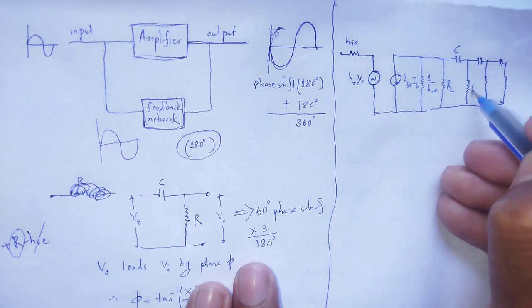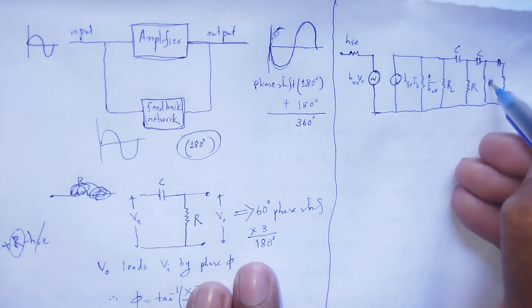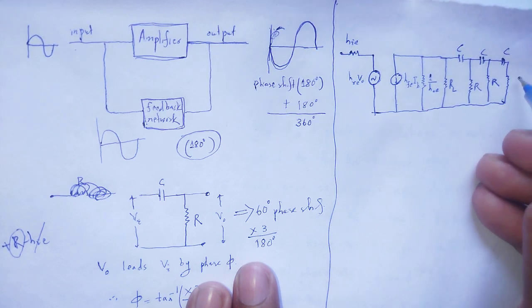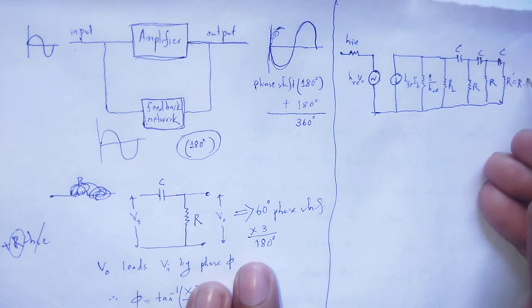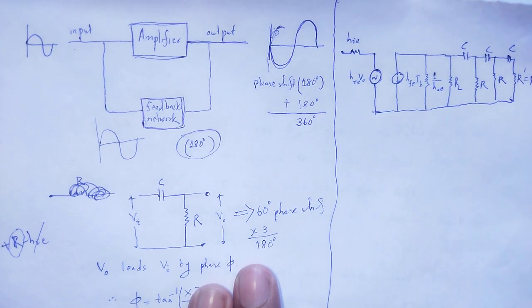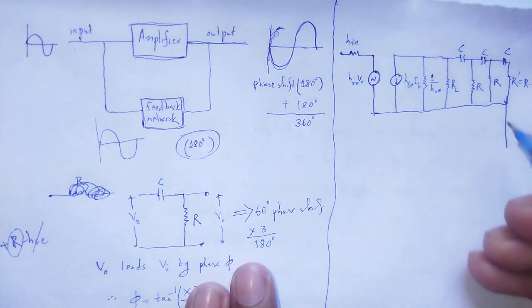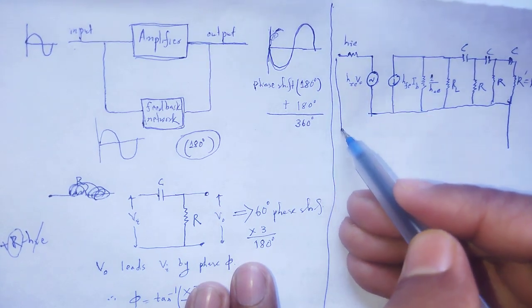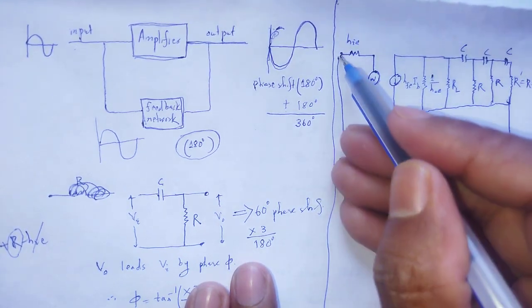Here C, R, C, R, C, R dash, which is R minus HIE, is connected to this.